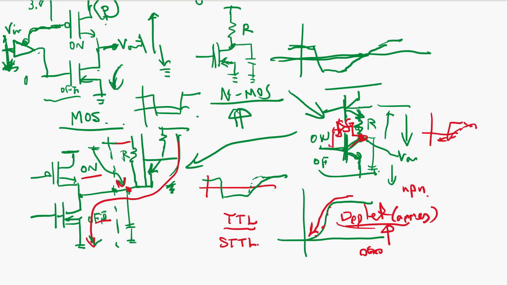And what the Schottky diode does is, a Schottky diode has a much smaller voltage than VBE. Say VBE is 600 millivolts, a Schottky diode is like 300 millivolts. So when it goes down, it doesn't allow it to go to saturation all the way. It stops here. And what happens is the necessary current comes from the base. So the circuit is going to change a little bit, but it's stopped here. So the rise time is going to be much quicker.